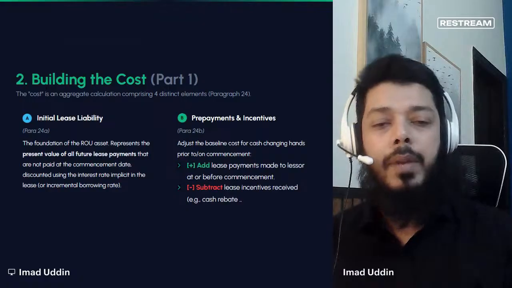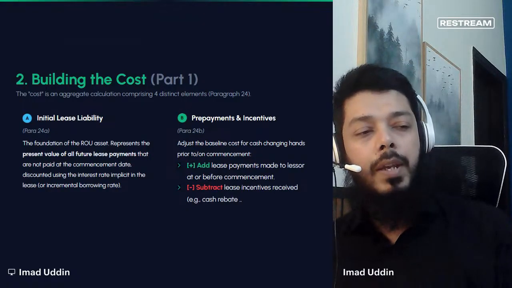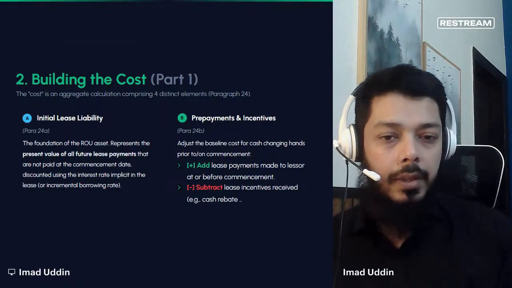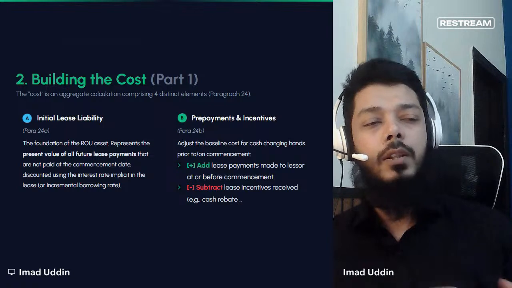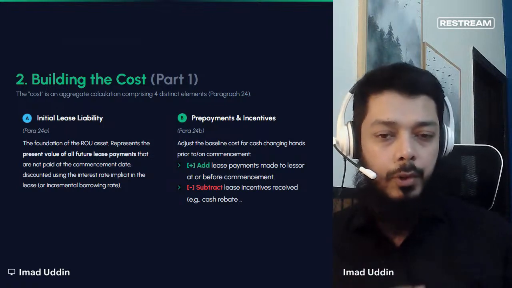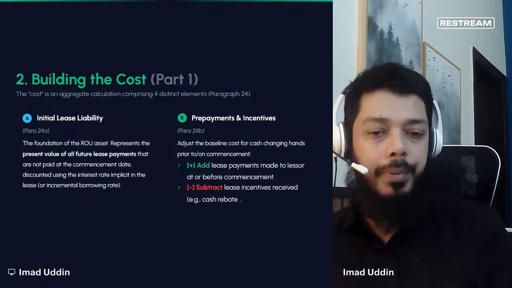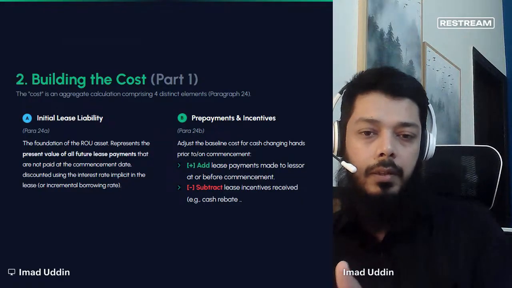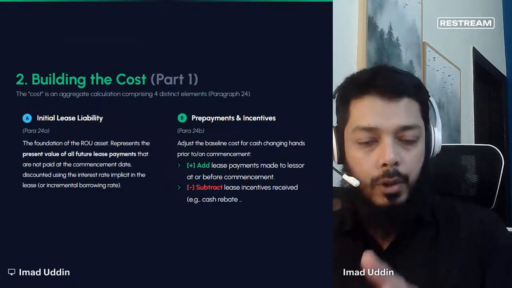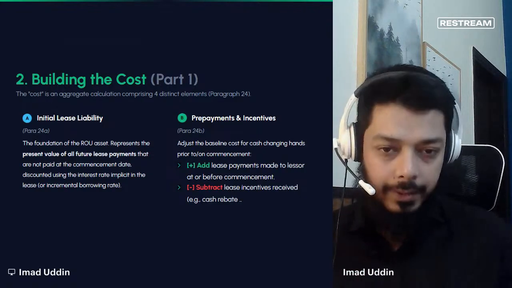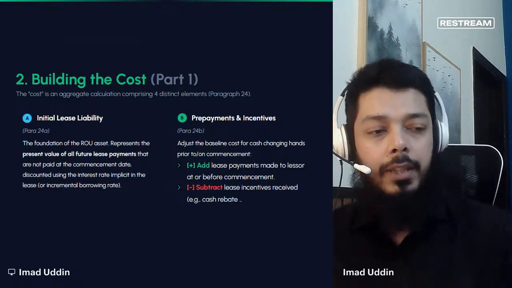And then we have prepayments and incentives. Imagine if you buy something and you pay $10 today and $90 in the future. You cannot simply say that the cost of this asset is $90 because you have also paid $10. So any amount that has been prepaid, let's say at the commencement of the lease, would also be added to the cost of the right of use asset, because this is literally the cost we are paying.